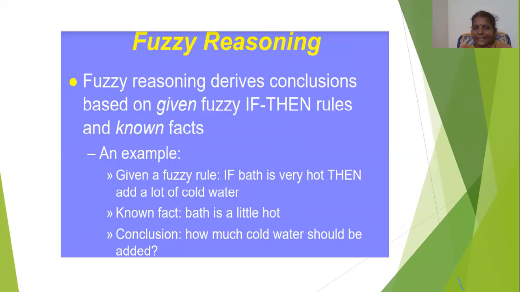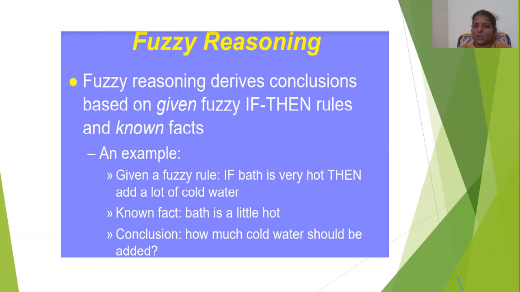Fuzzy reasoning derives conclusions based on given fuzzy if-then rules and known facts. For example, if you want to take a warm water bath, and the bath is very hot, then add a lot of cold water. Here the known fact is the bath is very hot, which means you need to add more cold water.